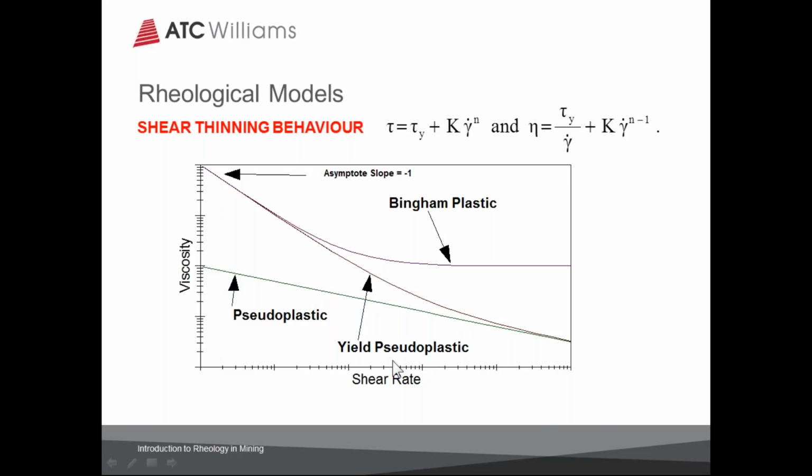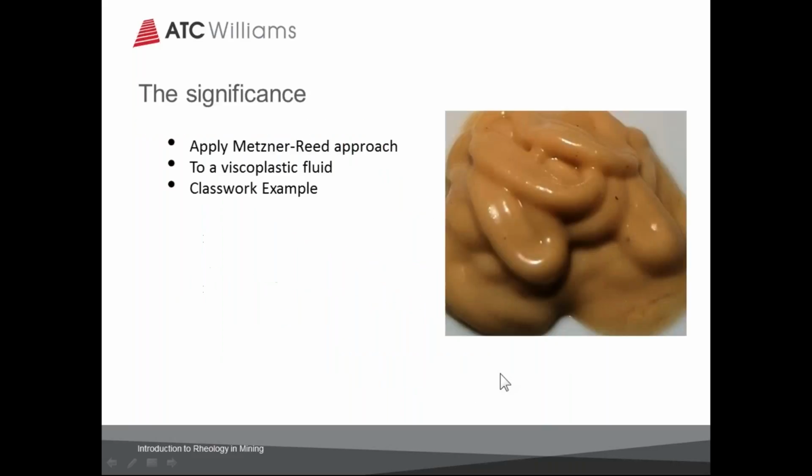Plotting that against shear rate, what we get is all of these monotonically decreasing functions, and that is an interesting phenomenon which we refer to as shear thinning behavior. As the shear rate increases, these materials have less and less viscous resistance to flow, and that's why we get this shear thinning behavior as the viscosity decreases with increasing shear rate.